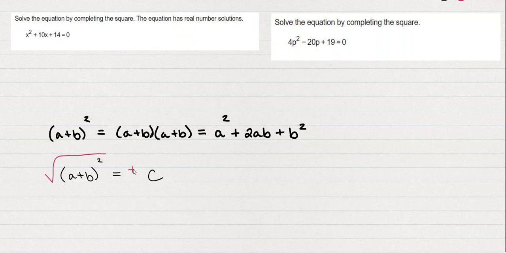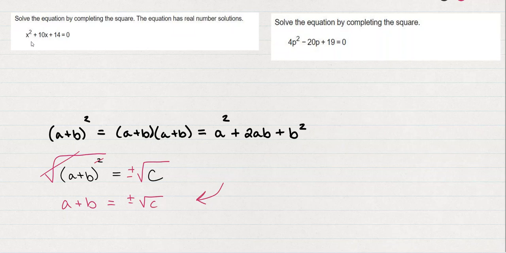Don't forget, when I use that square root property, I have to do plus or minus the square root of that constant. And the square and the square root just undo each other because they're inverses. So we get that a plus b is plus or minus the square root of whatever c is. So this is what we're trying to get to, this easy square root principle to solve a quadratic equation.